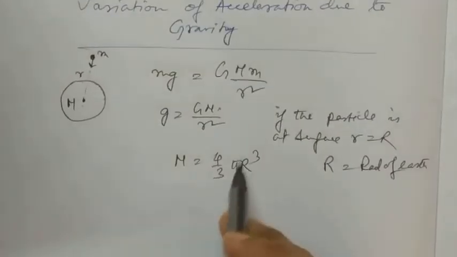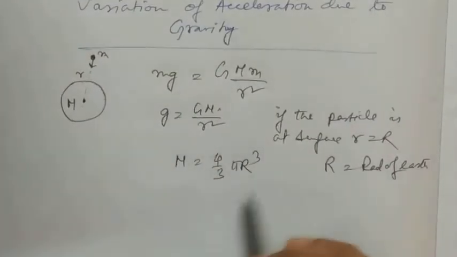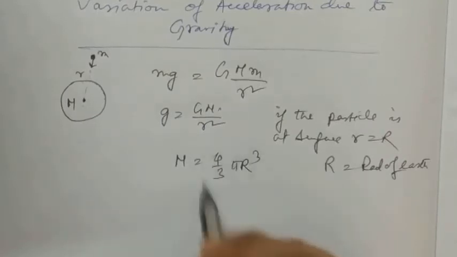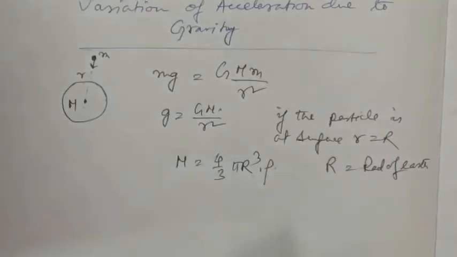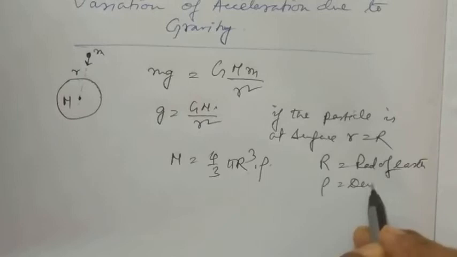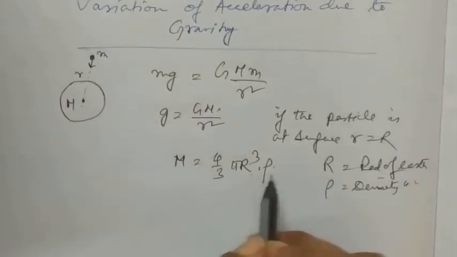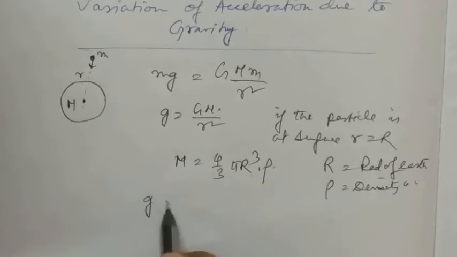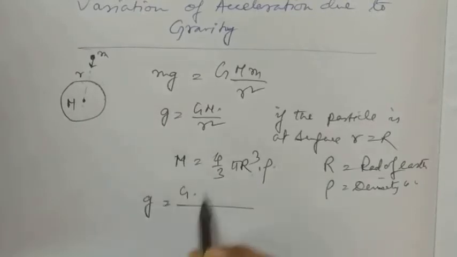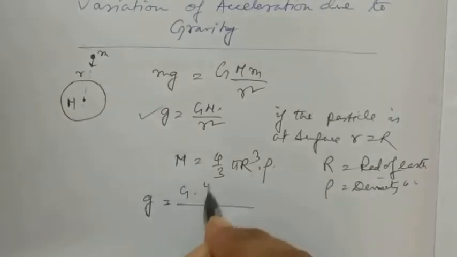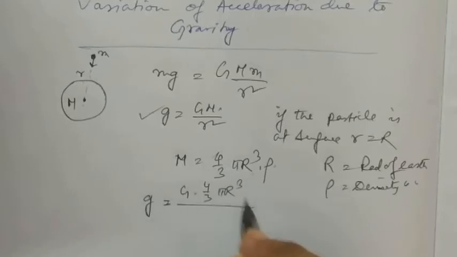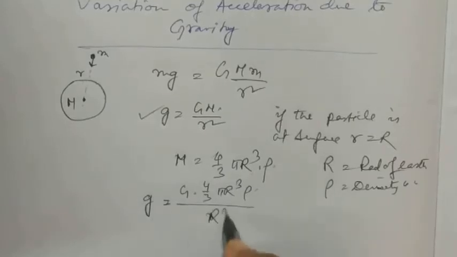So taking the earth to be a sphere, we get the volume as 4/3 pi R cube, into density rho, where rho is the density of earth. So M, the mass, is volume into density. Replacing the value of M into this equation we get 4/3 pi R cube rho by R square.